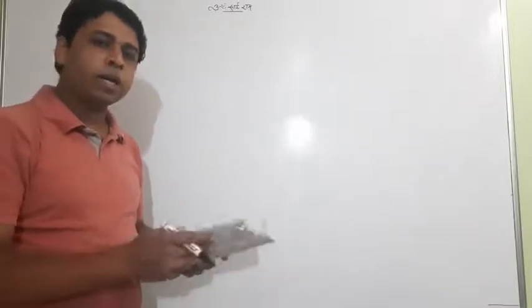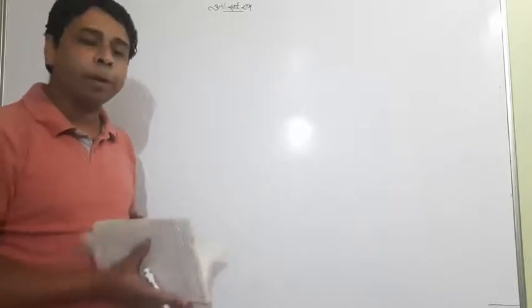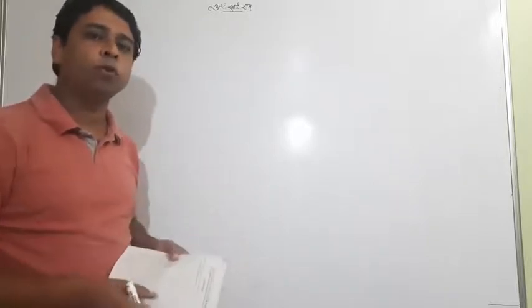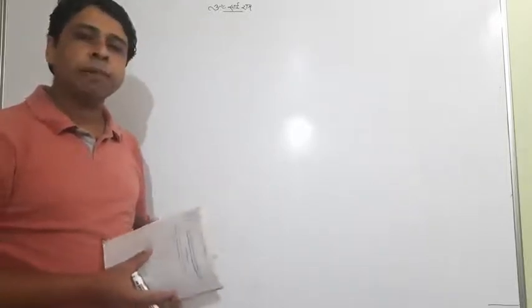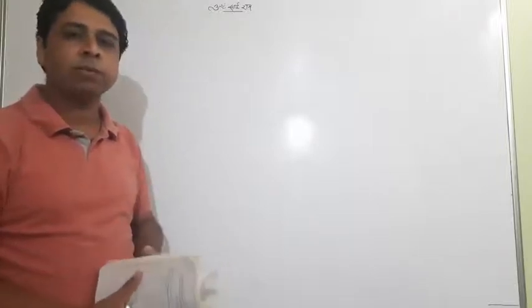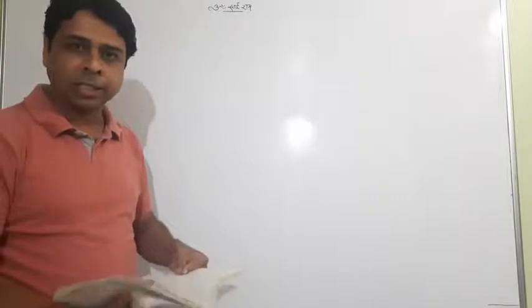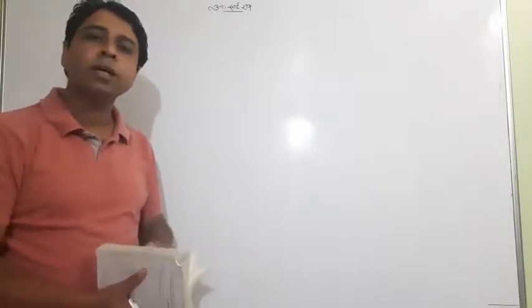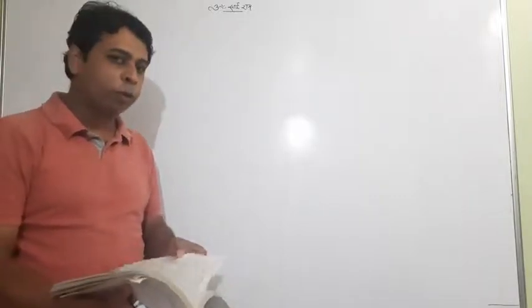Before starting 4.3, I will skip that exercise and move on to 4.4, because students, I have taught you the concept of 4.4, so I want to do that exercise initially. So 4.3 I will do later, but I want to discuss 4.4 directly.